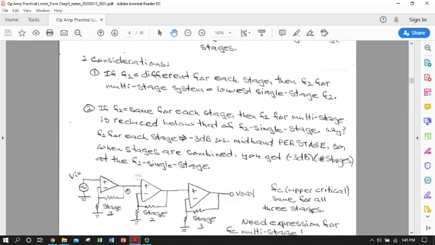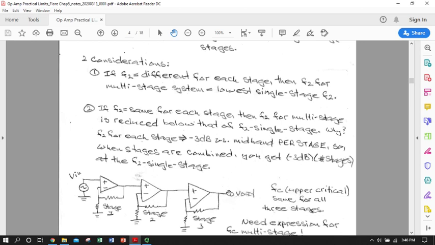Well, wait a minute, the gains are multiplicative. So I'm doing midband gain over 2 times midband gain over 2 times midband gain over 2. My V out is going to be midband gain over 2 raised to the power of however many of these stages I've got. That's a pretty big hit. For 3, I end up with an 8 times hit in the gain I would have.